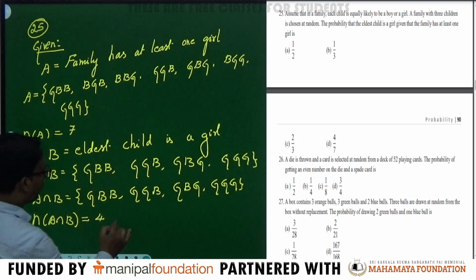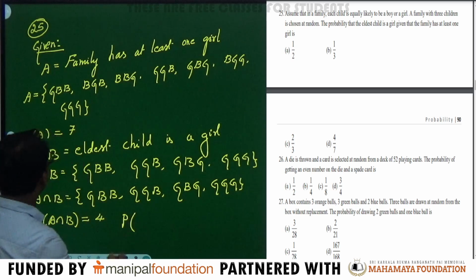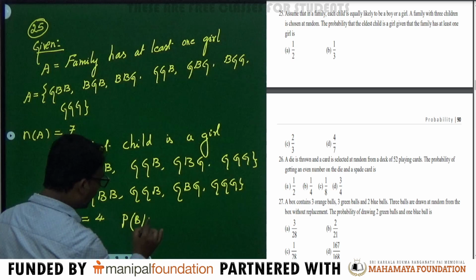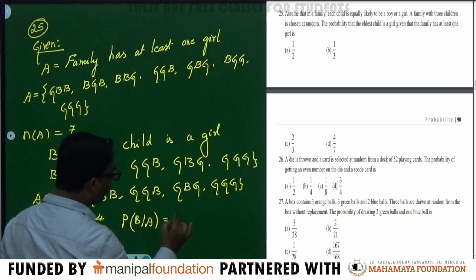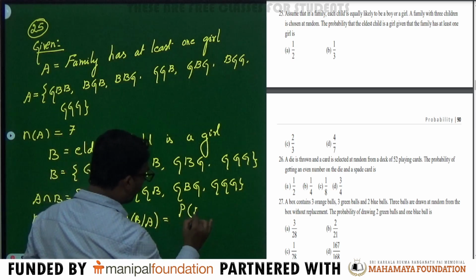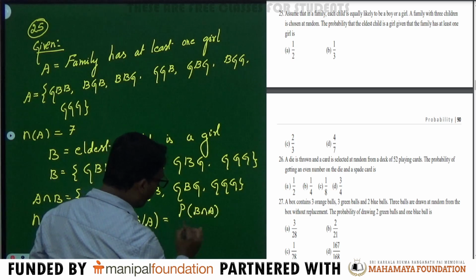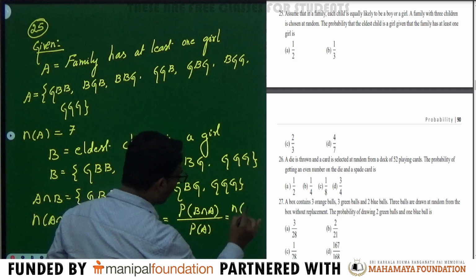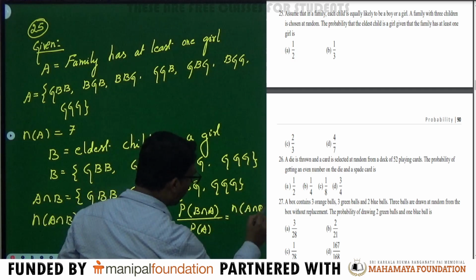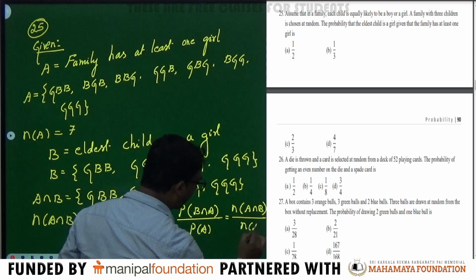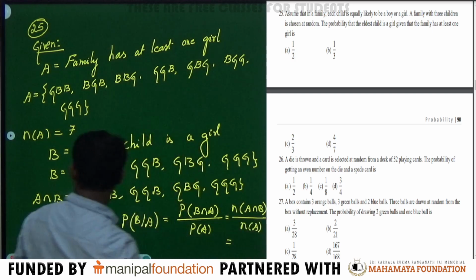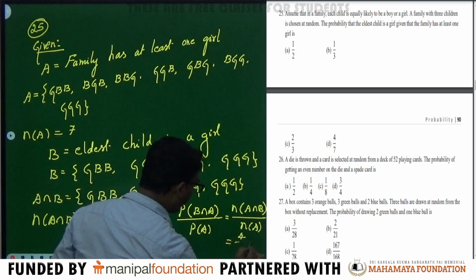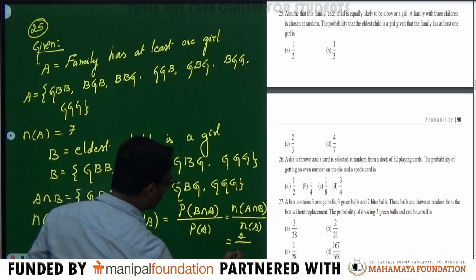The question is, we have to find the probability of the event B given that A has already occurred. It is equal to probability of B intersection A upon probability of A. This is nothing but n of A intersection B upon n of A, which is 4 upon n of A, which is 7.